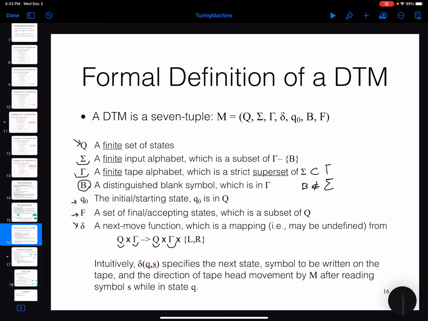If you don't want to change the tape, you just write the same symbol that you read again. And there is going to be an action over the head of the tape: either you move to the right or you move to the left.